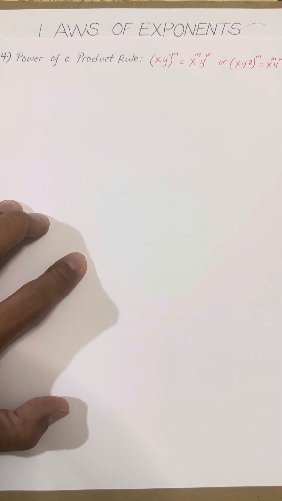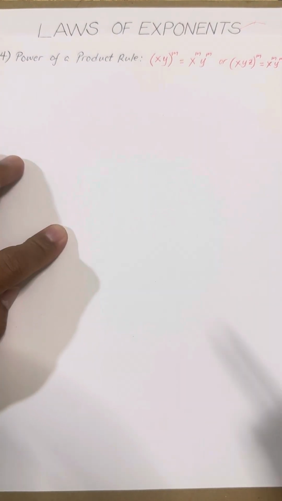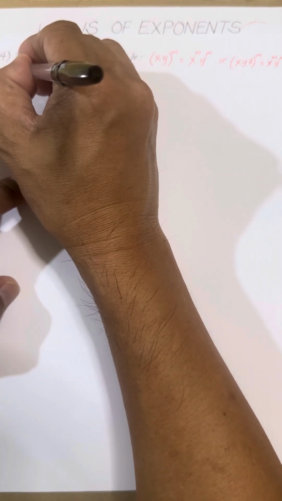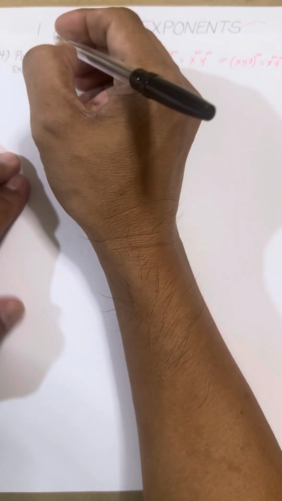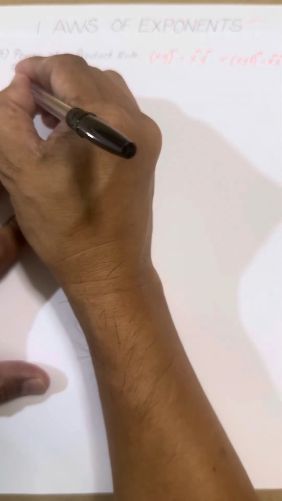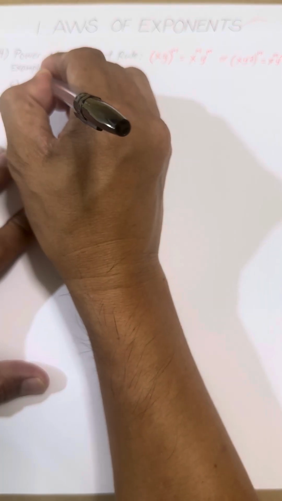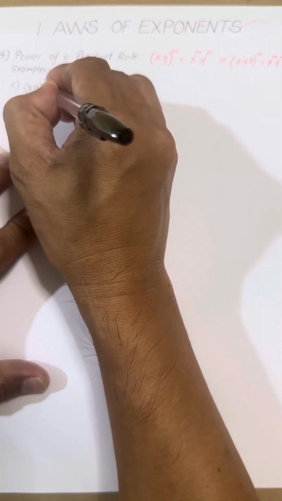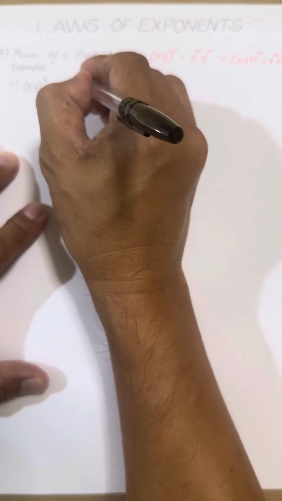For example, here are our examples. If you're given x times y raised to power 3, this is equal to x to the power 3, y to the power 3.